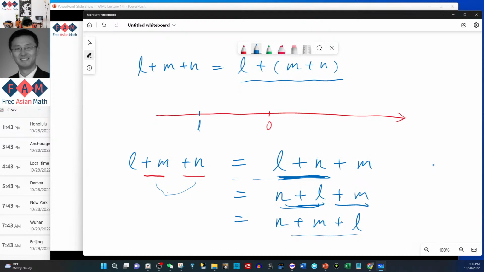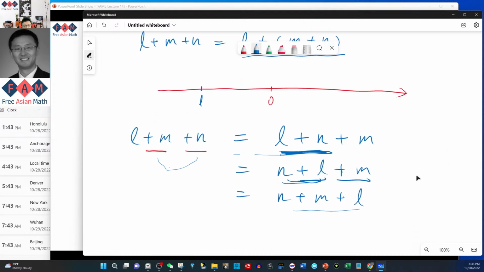So once we are here, what can we do now? Well, we can now use the commutative law again to swap the first two. So this really becomes M plus N plus L, right?